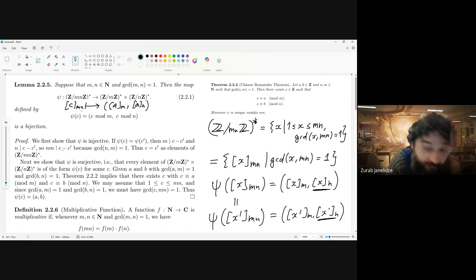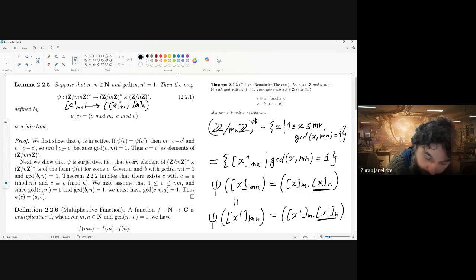But we found such a C. We found a candidate. But we do need to ensure that this object actually falls in the star construction, that it's not just an element of Z over M Z, but it's actually an element of that star. How do we know that is the case?